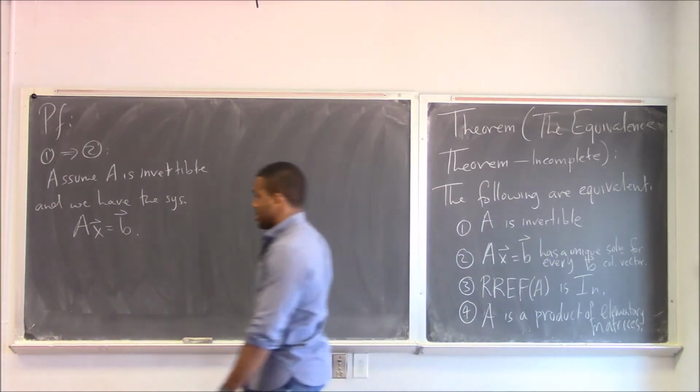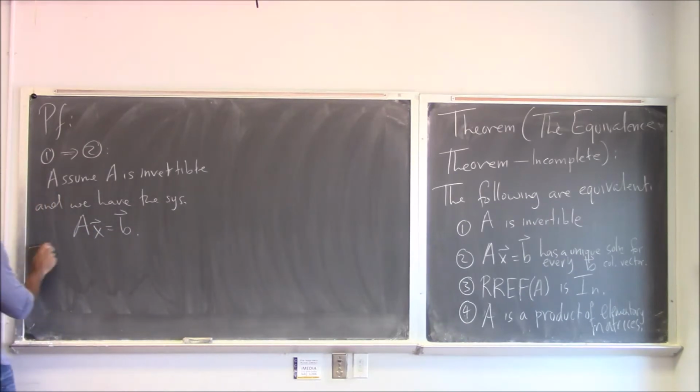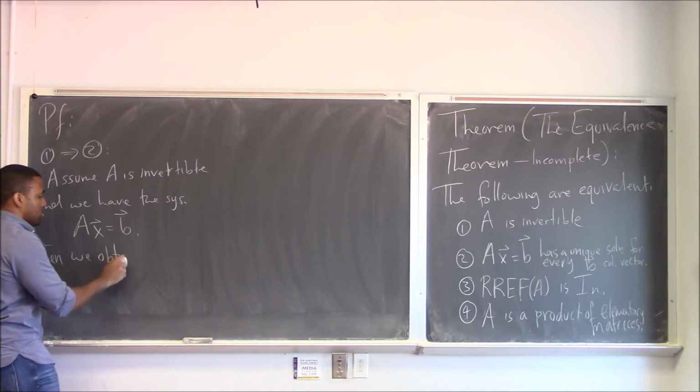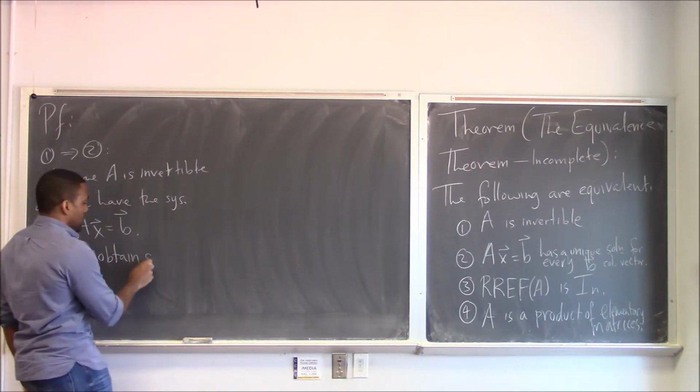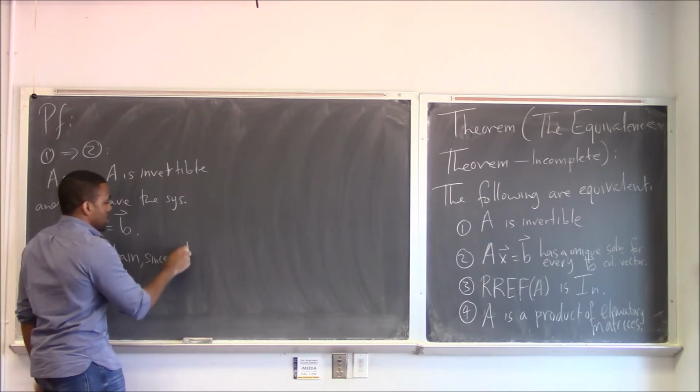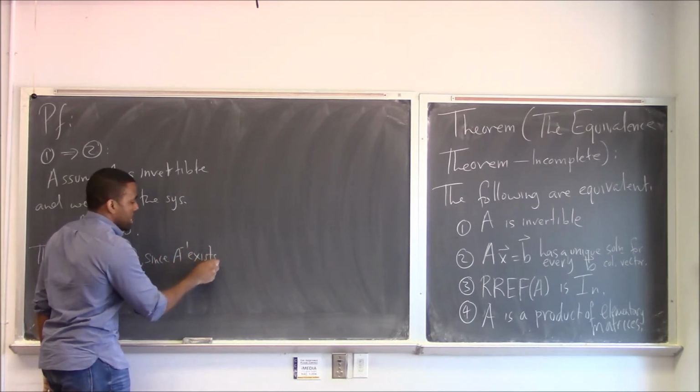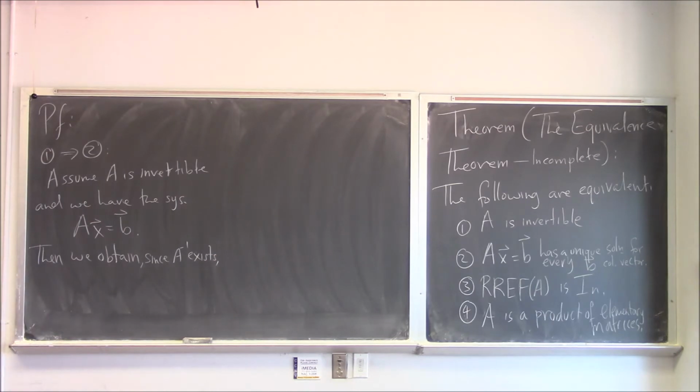Turns out we can. Then we obtain, since A inverse exists, right? Saying something is invertible means there exists an inverse matrix for that guy. That's a matrix that's the same size as A, which means I can multiply it by A on any side. Because A is on the left side, I'm going to multiply both sides on the left by A inverse.